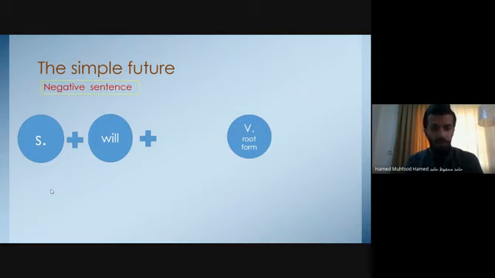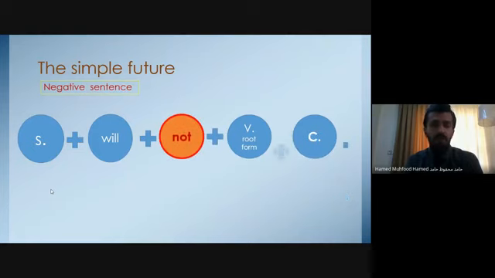But the difference is now that, of course, we will have the main verb of the sentence in its root form, and it should be followed by a complement. But the difference is that we should have the negative article not after the auxiliary verb will, right? And this is so important because sometimes some students make mistakes like putting the negative article not after the verb or before the auxiliary verb will, and this is so wrong.